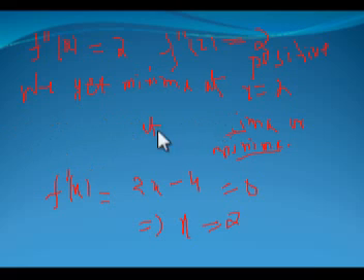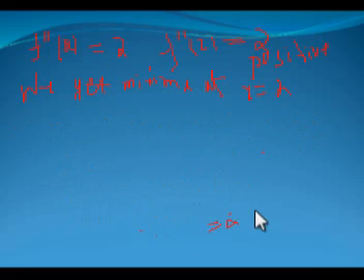We have already proved that at x equal to 2 there is a minimum value. So what will be the minimum value at the point x equal to 2? We can do this by putting in the function f(x) equal to x squared minus 4x plus 3. So we replace x with 2 and get the minimum value.